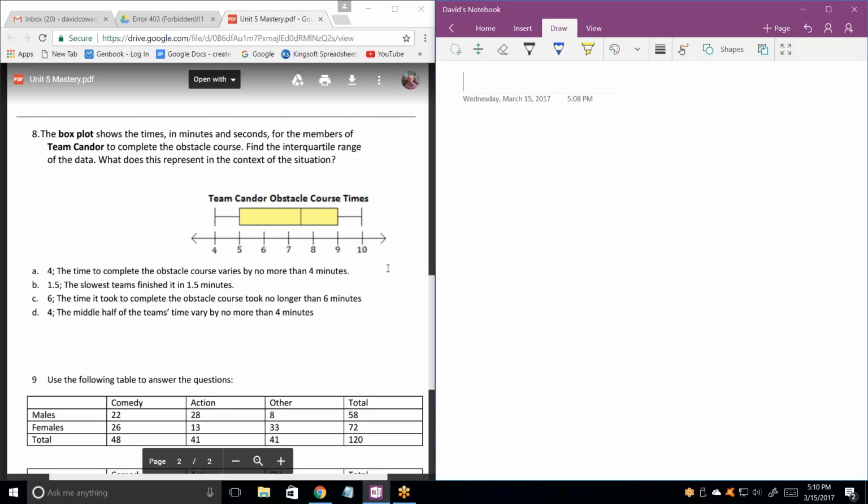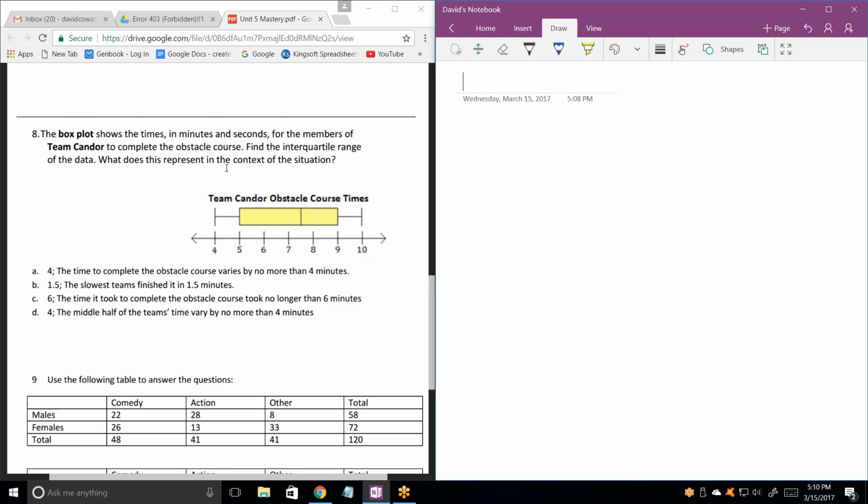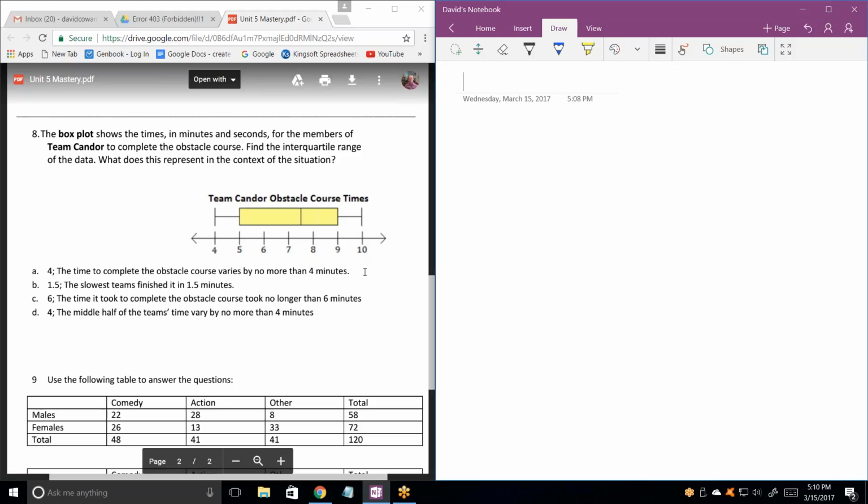Okay, let's look back at 8A. What the heck does that mean? Oh, okay. So the question is, what does the 4 mean, and what does the 4 represent in the context of this situation? Oh, I guess it's multiple choice.